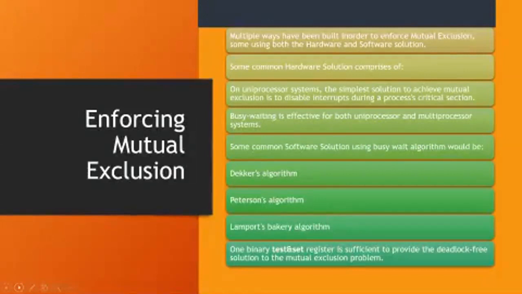The simplest solution to achieve mutual exclusion is to disable interrupts during a process's critical section. Busy waiting is effective for most uniprocessor and multiprocessor systems. Some common software solutions use busy wait algorithms.